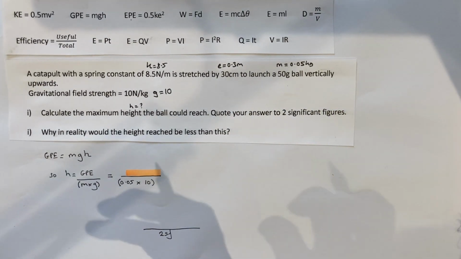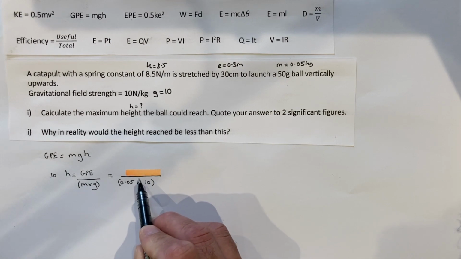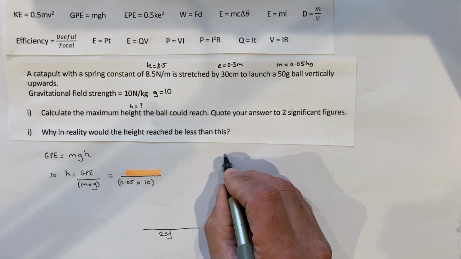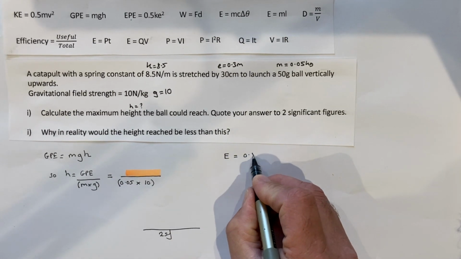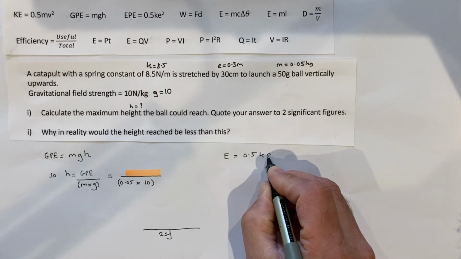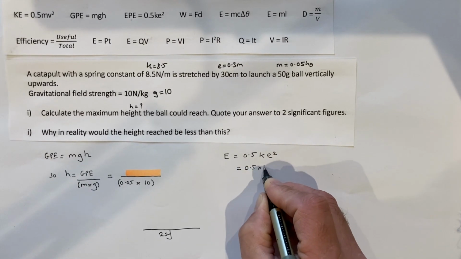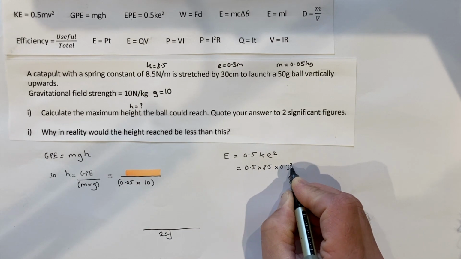So even if you don't understand that, you need to think, right, what equation do I have for energy? What have I still not used? And of course for elastic potential energy it is 0.5 times the spring constant times extension squared. So that's going to be 0.5 times 8.5 times 0.3 squared.